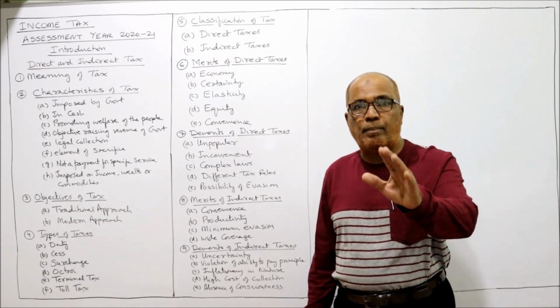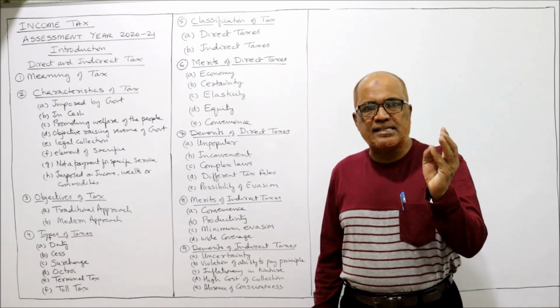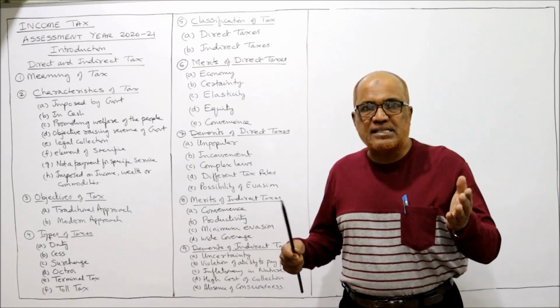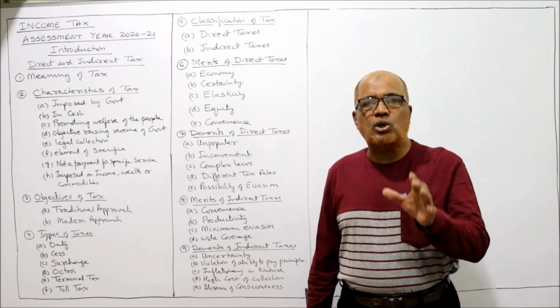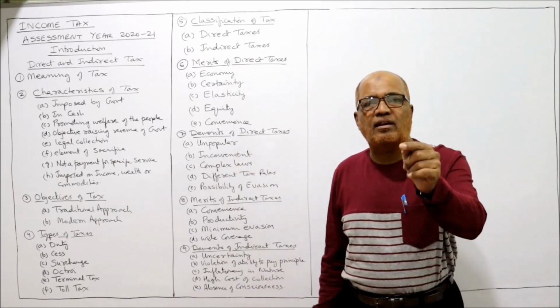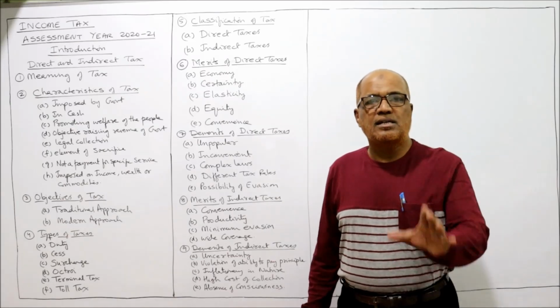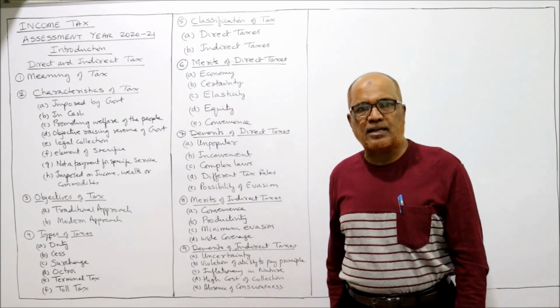Examples: sales tax, import duty, export duty, apart from that service tax or the taxes on goods and services. These are examples of indirect tax, where it is paid by one person but borne by another person. Simply remember, sales tax is the best example of indirect tax.